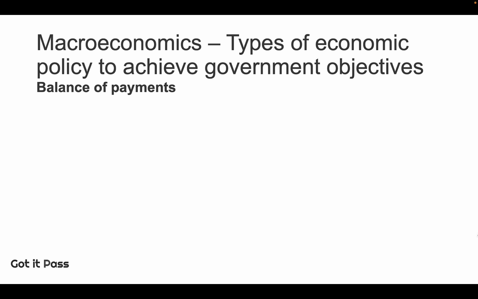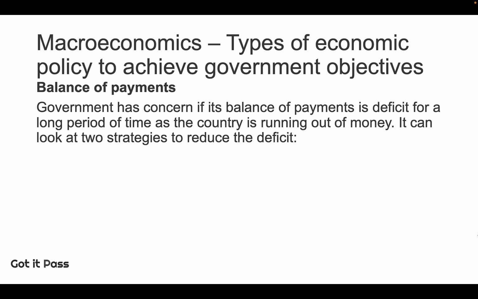Another government objective to achieve is balance of payments. Government has concern if its balance of payments is in deficit for a long period of time, as the country is running out of money. And to solve it, it has two main strategies that can help to reduce any balance of payments deficit.